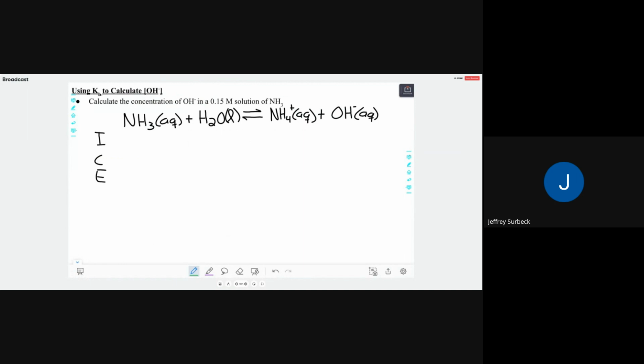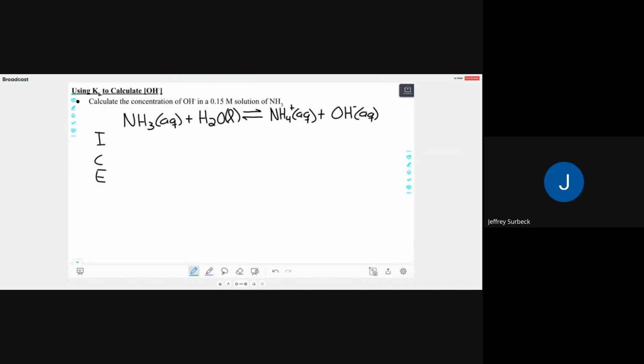For NH3, we don't get a whole lot of information, but on your equilibrium constants, most of this page, actually all of the front page, is Ka. On the back side, just a little section is Kb. And so on this chart, since I didn't give it to you, you would have to look this up.